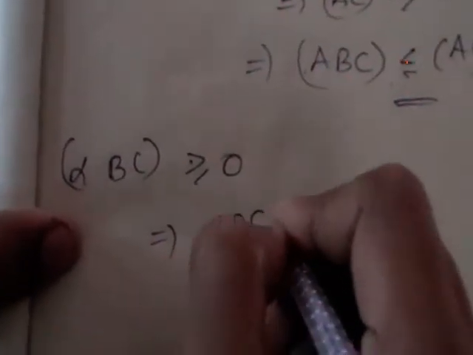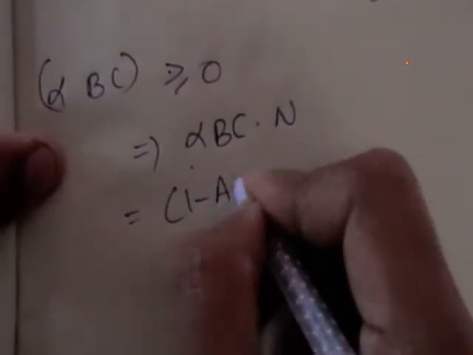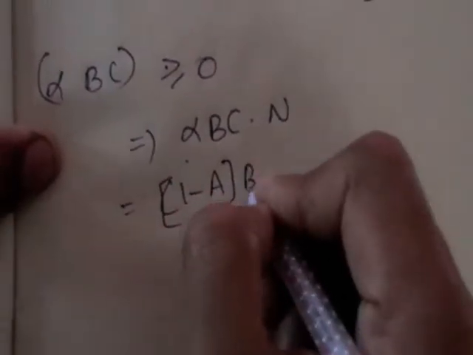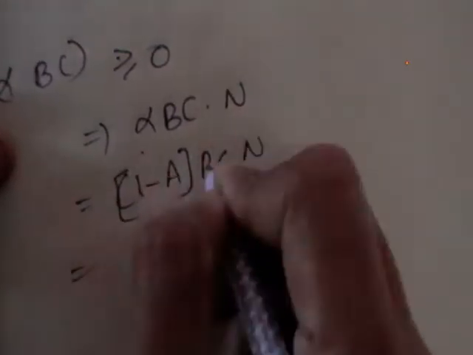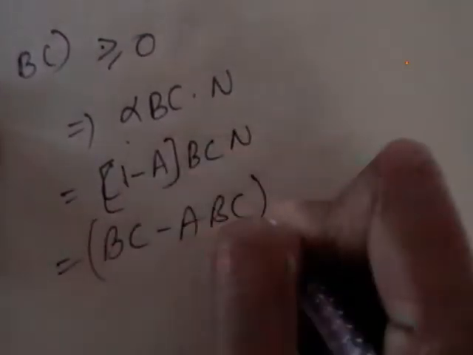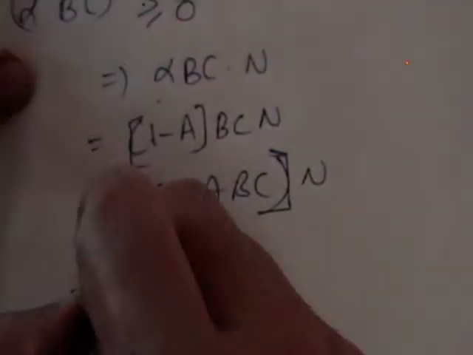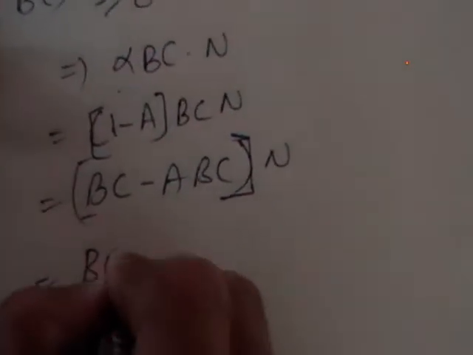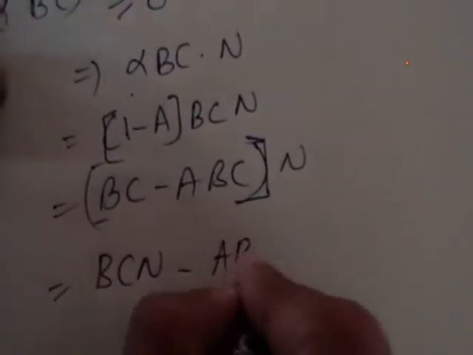Alpha BC is greater than or equal to 0, which implies, by the same steps, alpha BC into N. As alpha is the negative class, we can write (1 minus A) into BC into N, which implies (BC minus ABC) into N, which is nothing but BCN minus ABCN.